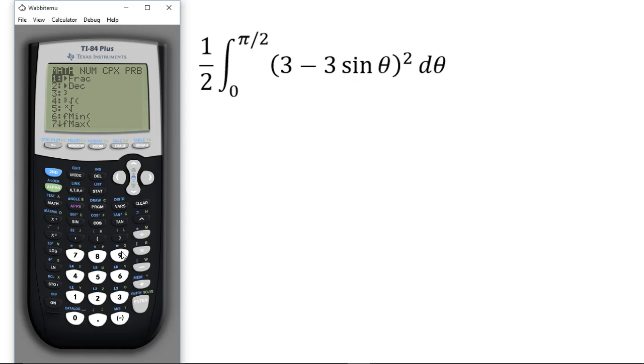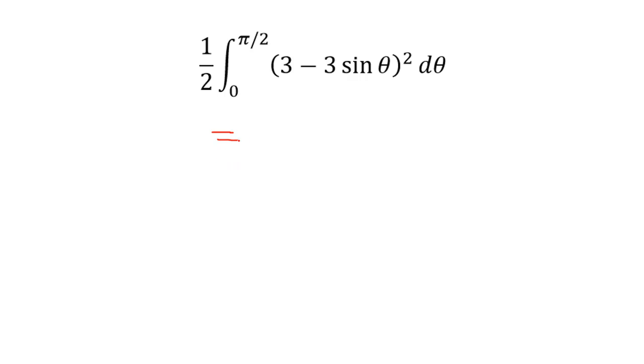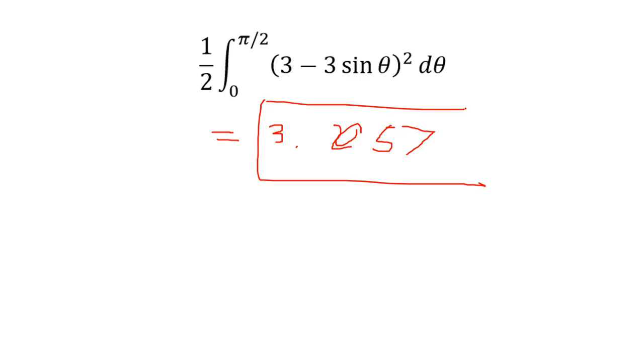So I do math from 0 to pi over 2 of one-half r squared d theta, and then I got 3.2057. So I just write 3.2057, and this is the final answer.